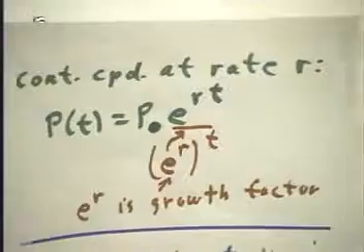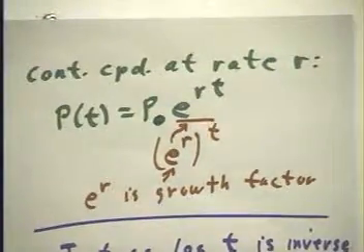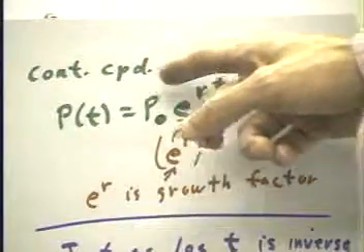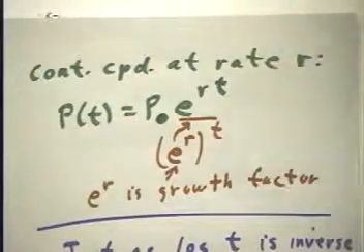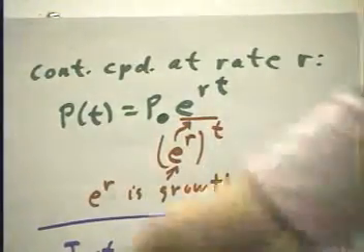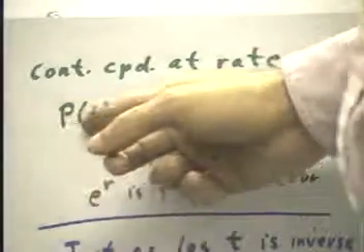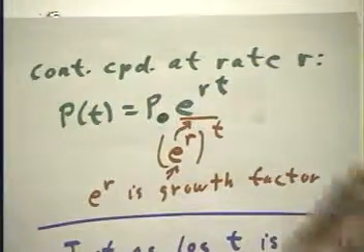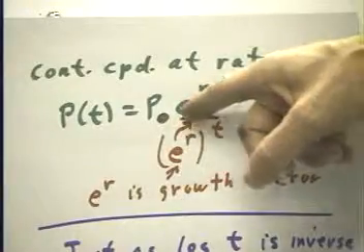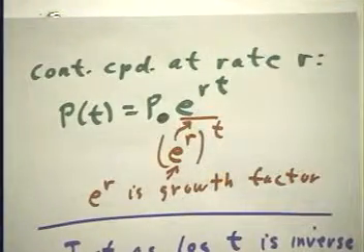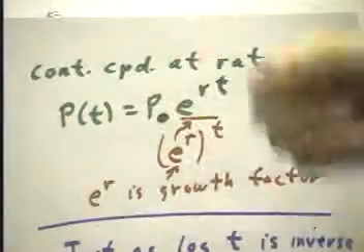And if we compound interest continuously, that's continuous compounding at rate r, we can use a process much like the one we just saw to reason out that our principal function P of t will be P0 times e to the rt. Now this is just an exponential function.